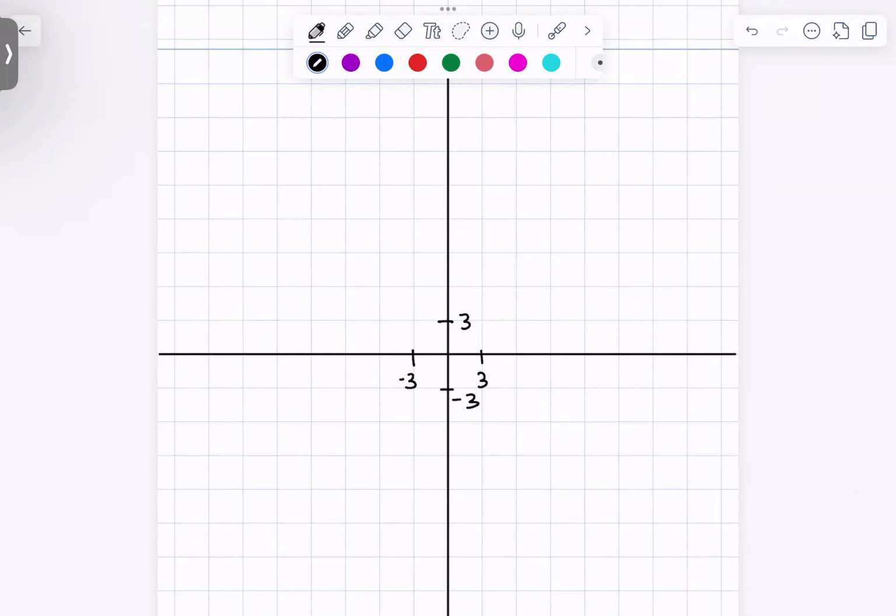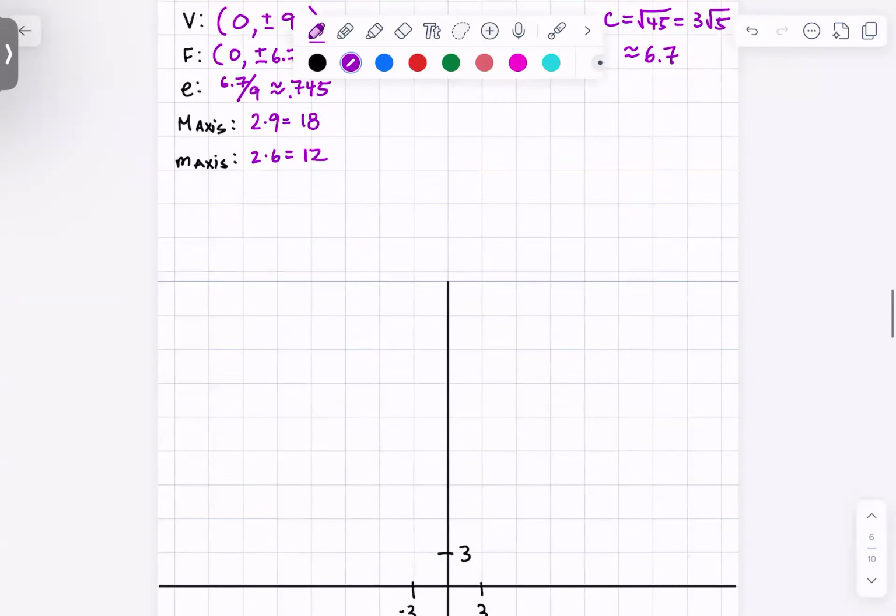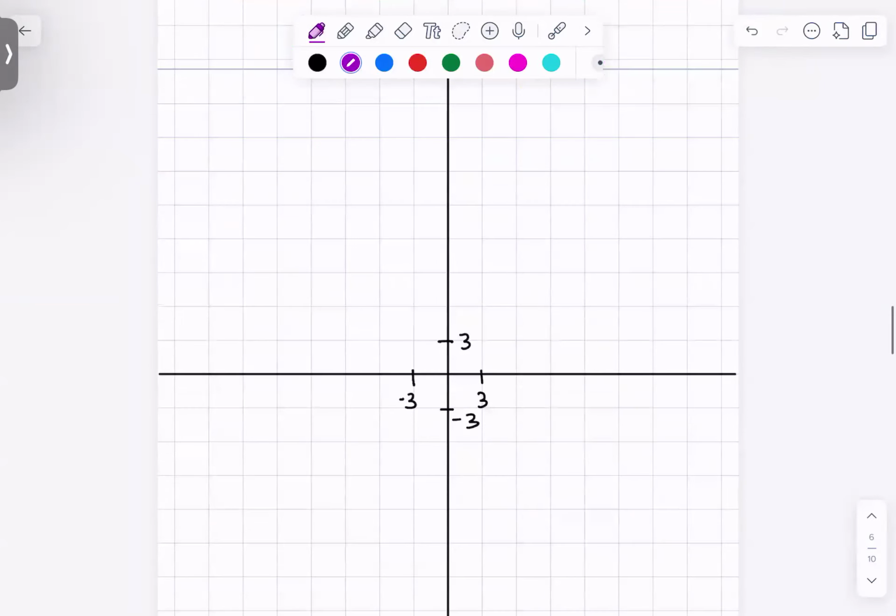My vertex is 0, comma, plus or minus 9. Let's go 3 units up, 3 units down, 2 units to the left, and 2 units to the right.